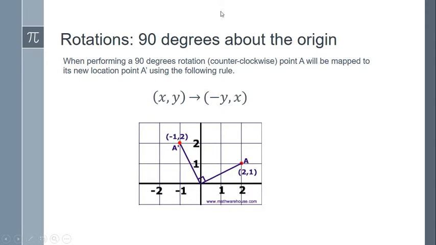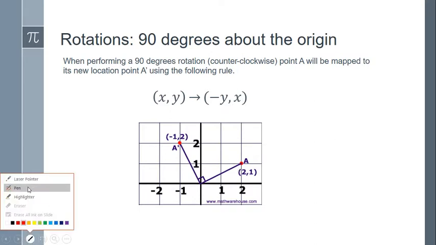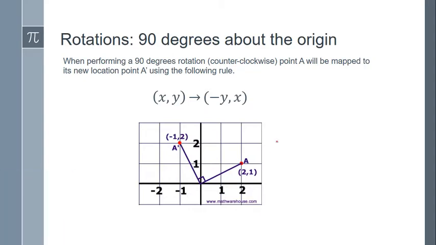All right, so the rule to perform a 90-degree rotation is that we take the x and y coordinates and we switch them and then make the original y coordinate negative. So take a look at the point A here that originally had coordinates 2, 1. According to this rule, I switch the points. I like to do it myself one step at a time.